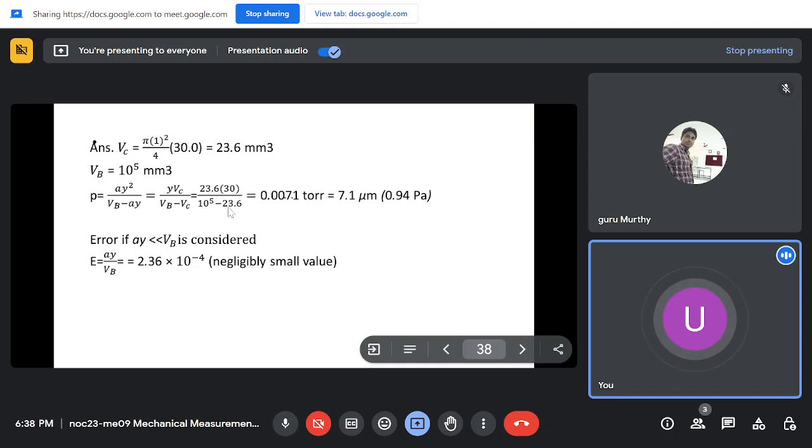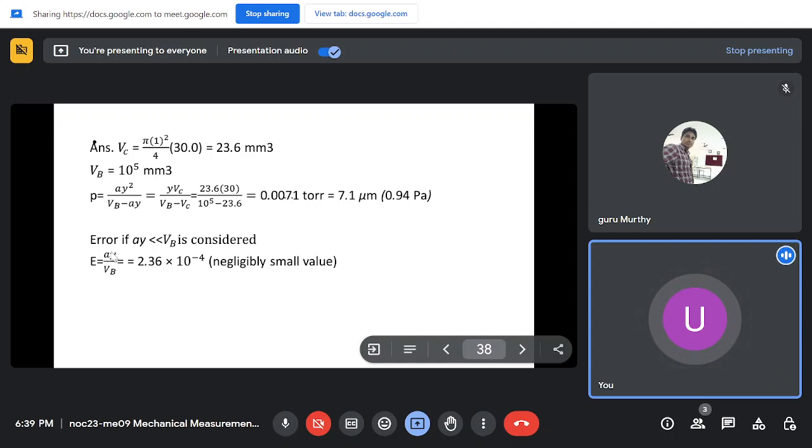Then if we calculate the error, if we consider VB very large compared to VC, you can remove VC, so it will become VB. So the error in calculation will be VC square by VB minus VC, minus VC square by VB. If you simplify it, you will get the error as VC by VB. So the error will be the difference of those.